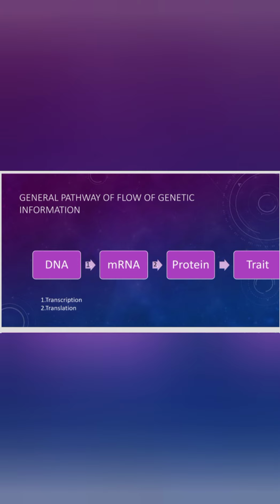This is the general pathway of flow of genetic information. You can see here that the information encoded in DNA is expressed in the form of proteins via an mRNA, an intermediate product. The transcription and translation processes, indicated as 1 and 2 respectively, are controlled by a complex set of regulatory mechanisms so that a particular protein is produced only when it is needed. So we can see that even species that are different from each other have a similar mechanism for converting the information in DNA into proteins.